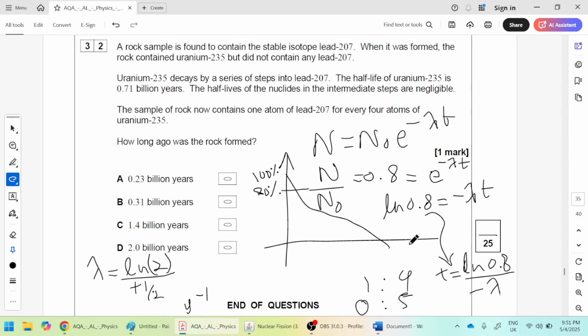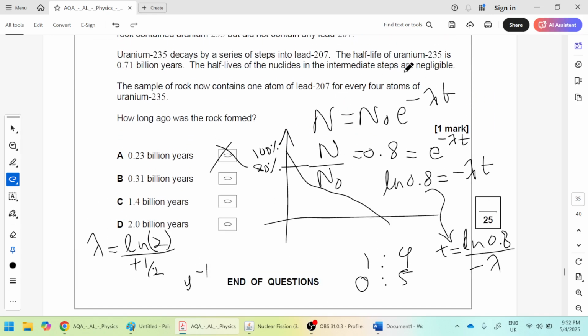Billion is 10 to the 9. That gives 0.228 billion years. So maybe, yeah, this one. That brings us to the end of this paper discussion.